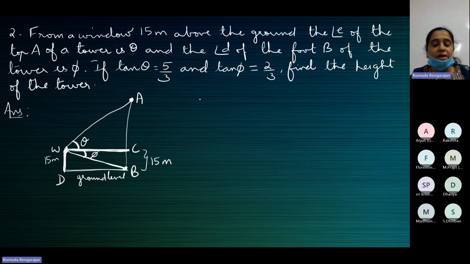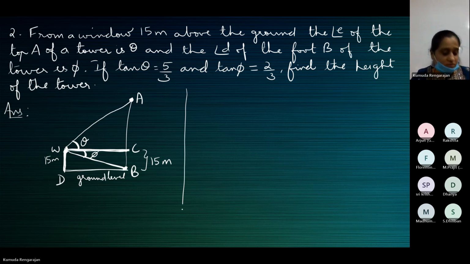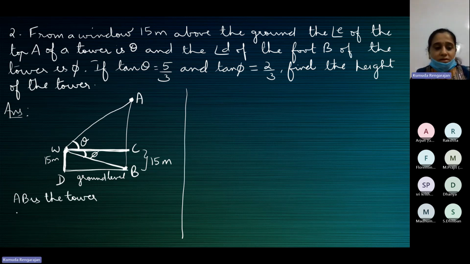So, can you describe the figure? AB is the tower, right? W is the position of the window, 15 meters above the ground.